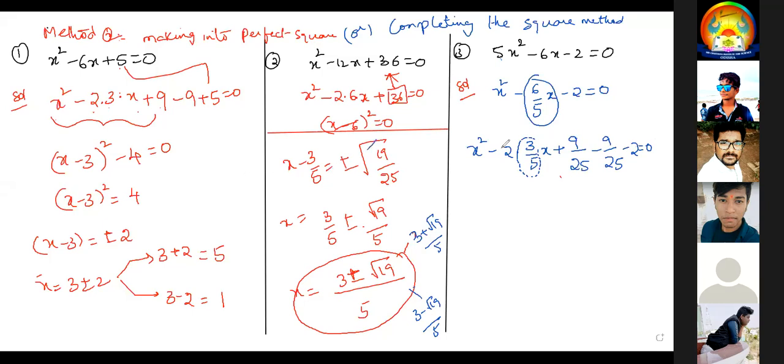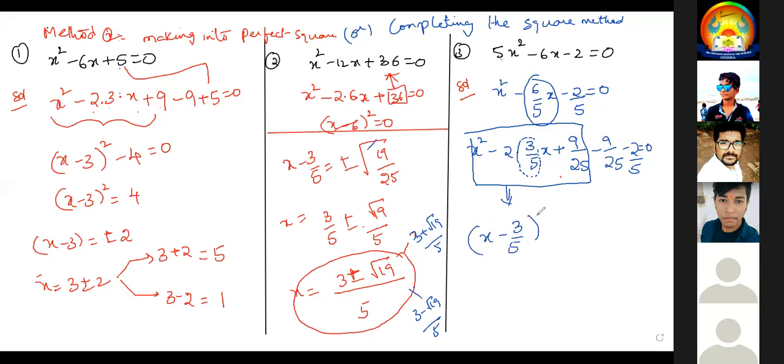Now look at this. Sir, we will not write 2 by 5. We should write 2 by 5. Yeah, I forgot. In the previous we wrote 2 by 5. Now this entire thing can be written as x minus 3 by 5 whole square. Why?